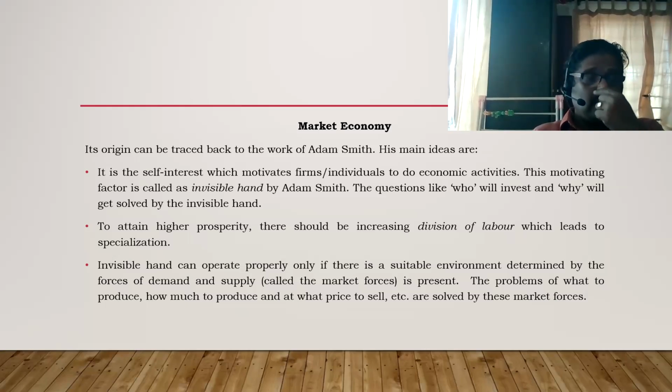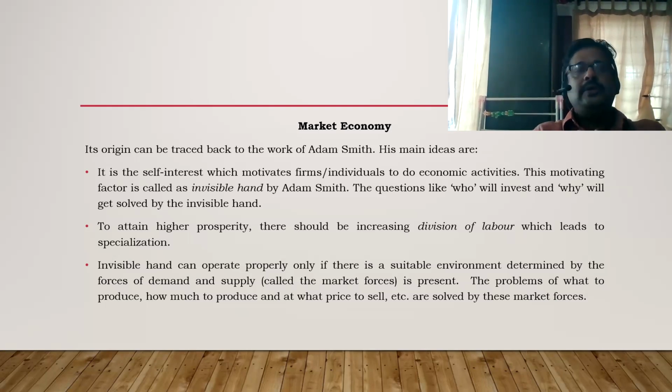When such a suggestion was accepted by the firms, the production of pins increased tremendously. On an average only 100 pins were produced before the introduction of division of labor. After its introduction, the firm could produce on an average thousands of pins per day.